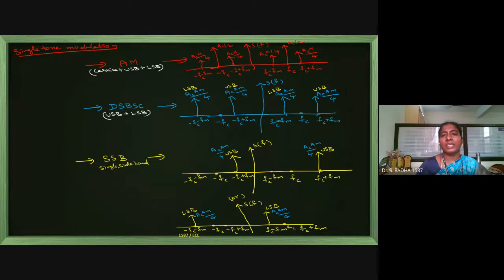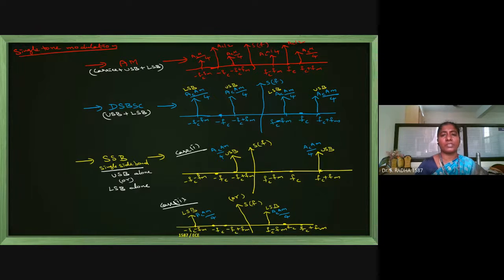In SSB, we will have a single sideband, meaning USB alone or LSB alone. Case 1, upper sideband alone present. Case 2, lower sideband alone present.